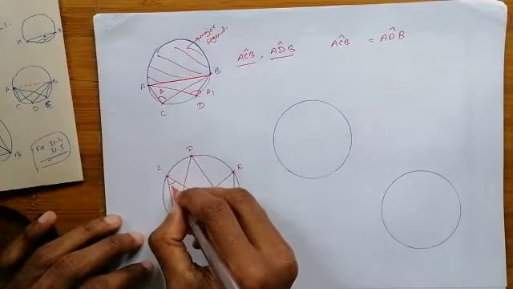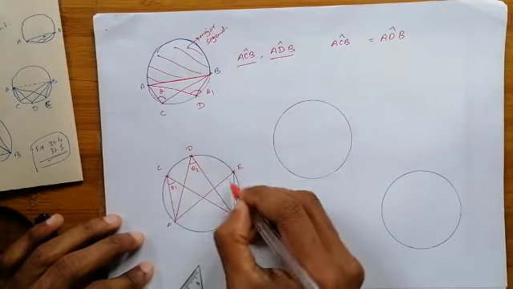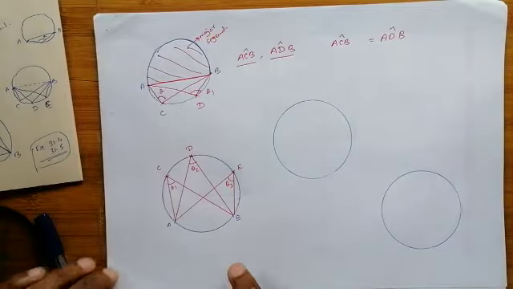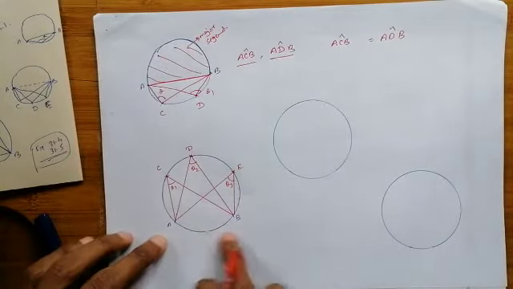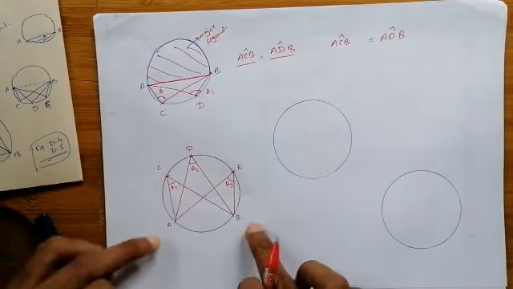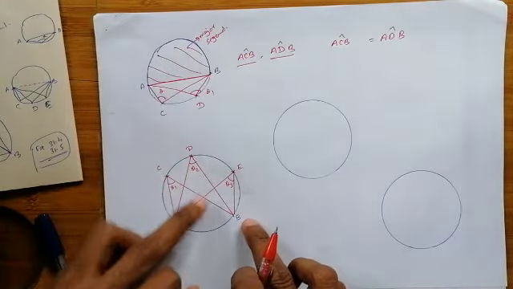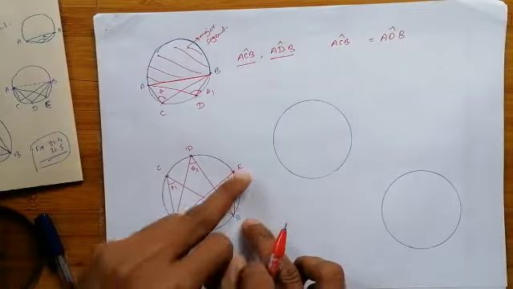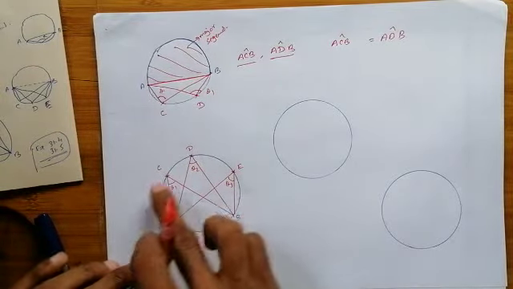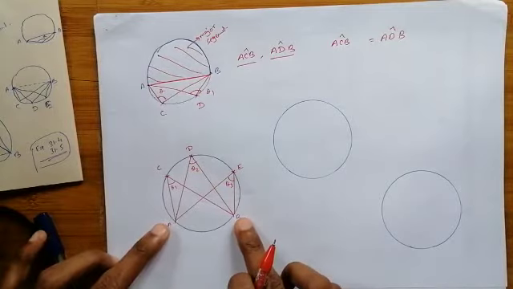So theta 1, theta 2 and theta 3. The arc AB is subtending angle ACB, theta 1, then ADB, theta 2, and AEB, theta 3. All the angles are subtended by the same arc AB.